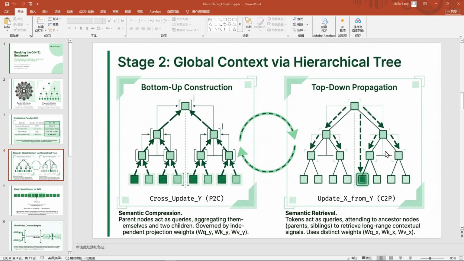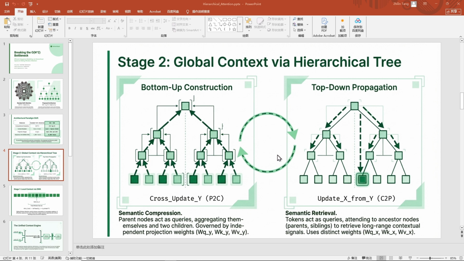These nodes include parents, siblings, and higher-level summary nodes. This provides a compressed representation of distant tokens, enabling highly efficient long-range context modeling.